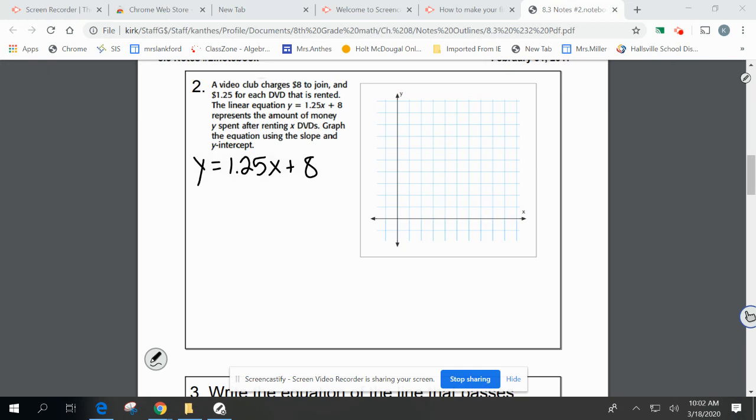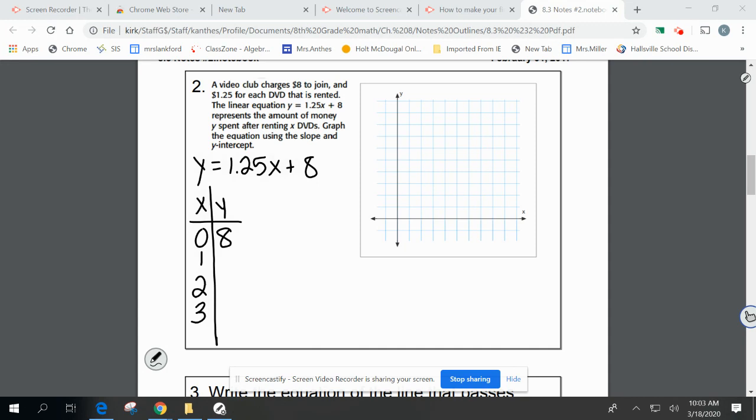So again, you cannot have a negative number of DVDs. So we would need to start with 0. So maybe 0, 1, 2, 3. So if I plug in 0, I would end up with how many dollars? That would be 8.